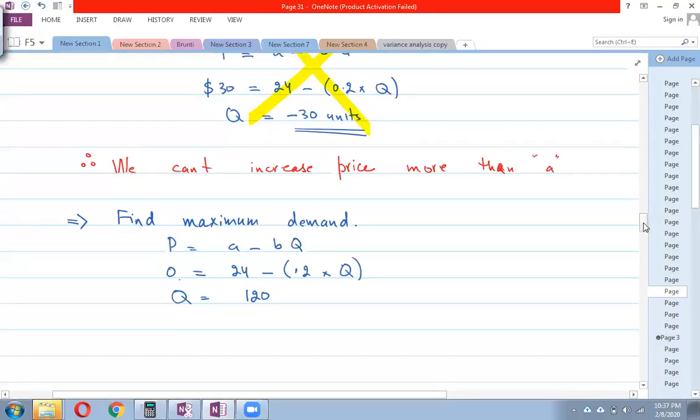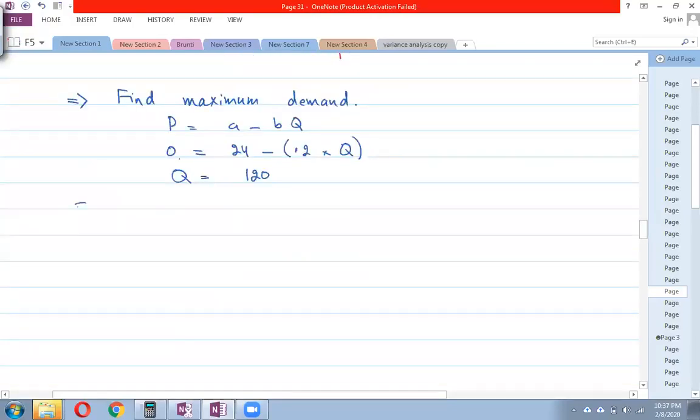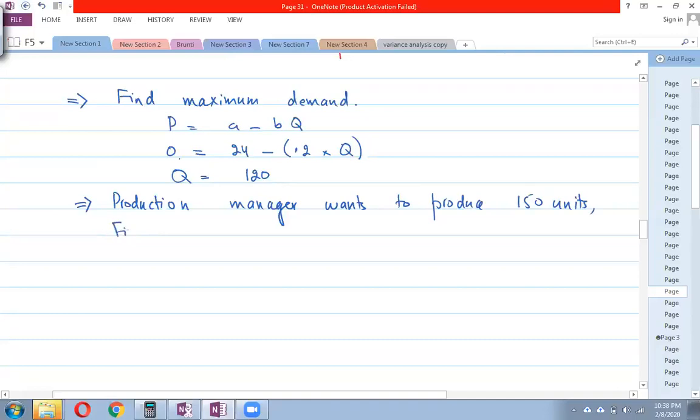So if I, for example, tell you that the production manager wants to produce 150 units, find a suitable selling price to sell 150 units.